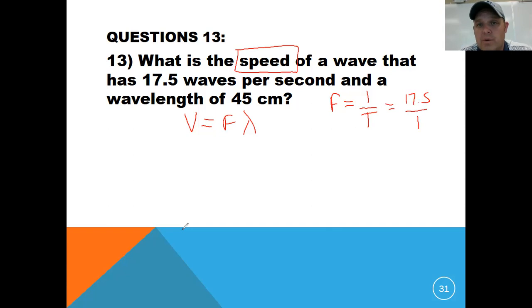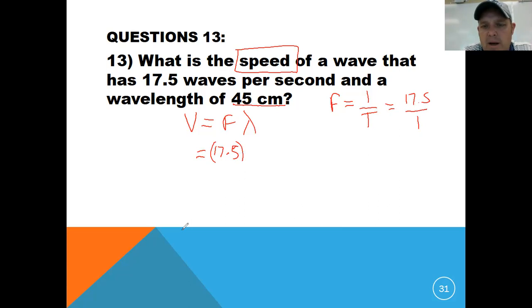So that's really our frequency. They just kind of gave it to us in a different wording. So we do have frequency. And again, that's just by our definition, waves per second. Now, wavelength, they do it to us again. They give it to us, but they give it to us in centimeters.